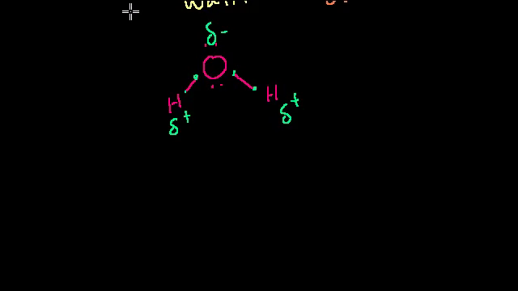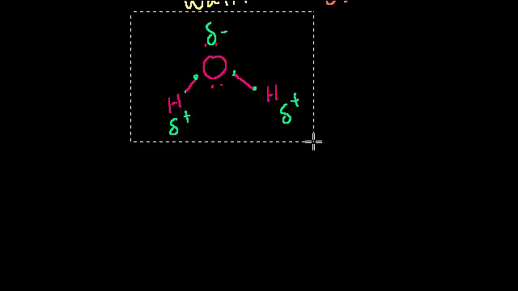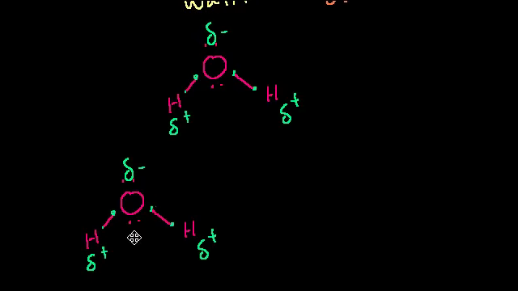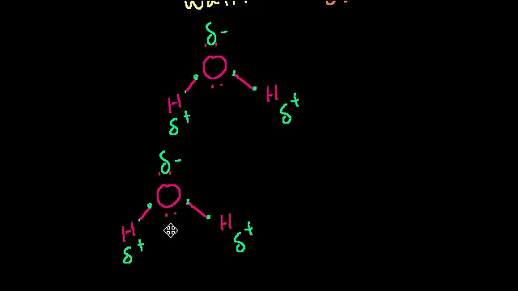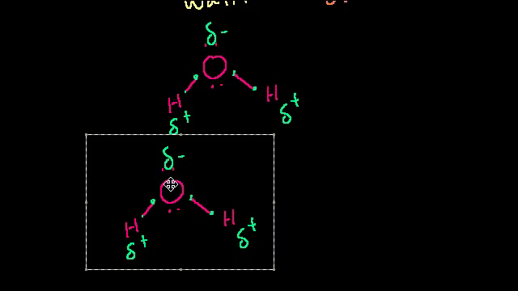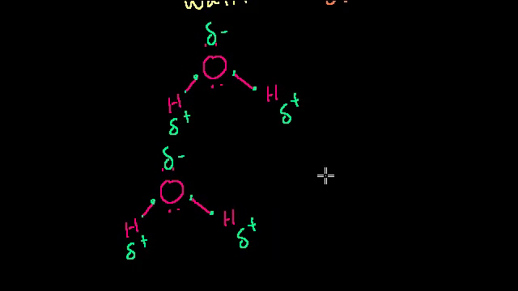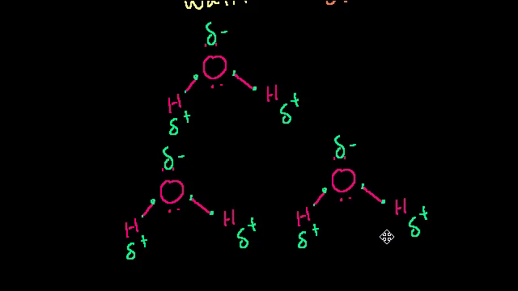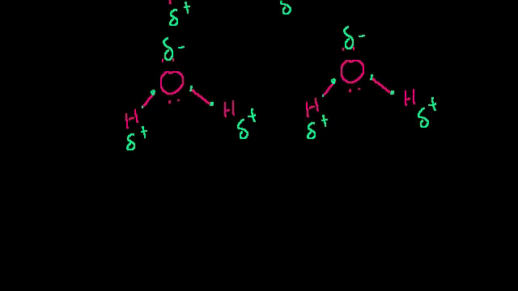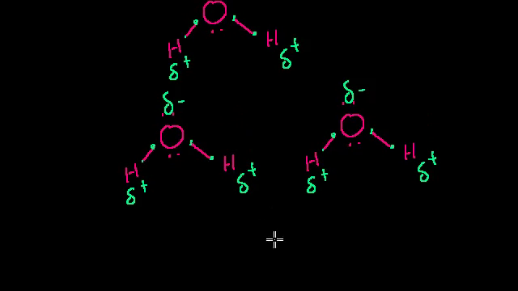So let's say that I just drew one oxygen. Let me copy and paste that. But I could do multiple oxygens. And let's say that that hydrogen is going to want to be near this oxygen, because this has a partial negative charge and this has a partial positive charge. And then I could do another one right there. And then maybe, just to make the point clear, you have two hydrogens here. Maybe an oxygen wants to hang out there.